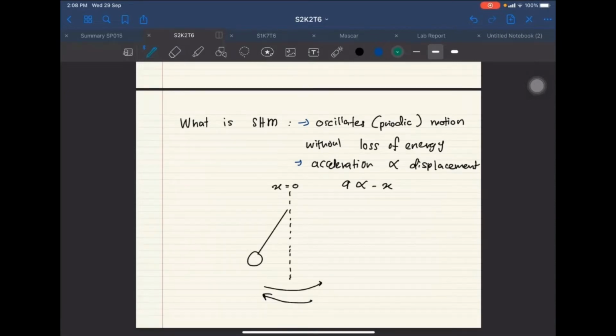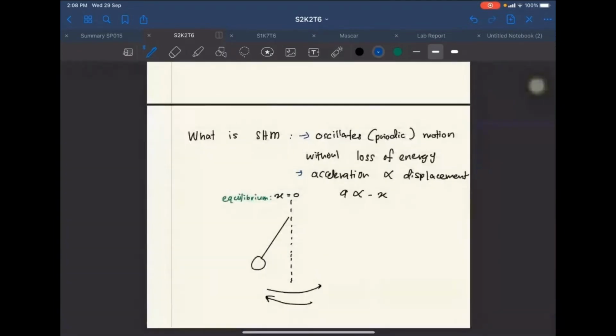So this is the equilibrium, the middle, between the minimum and the maximum displacement. So the displacement can be positive x and negative x. On the right hand side, we assume that it is positive x, and on the left hand side, negative x.